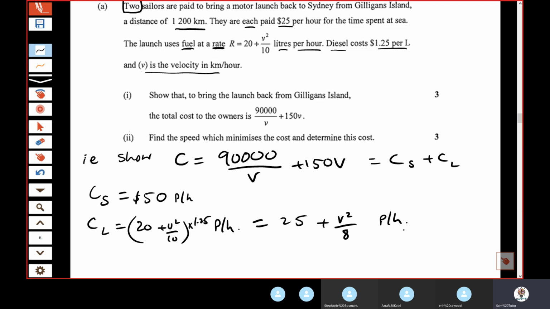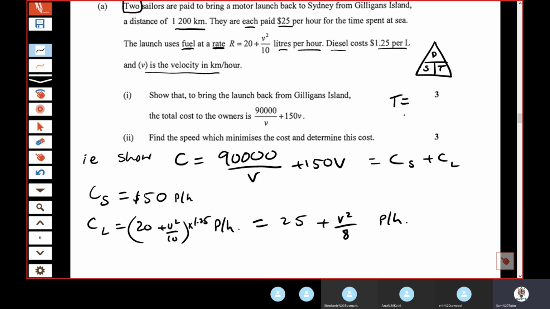Now, what we've got to work out is how many hours are we actually going for? The way you're going to work out your hours is using this formula. Speed equals distance over time.